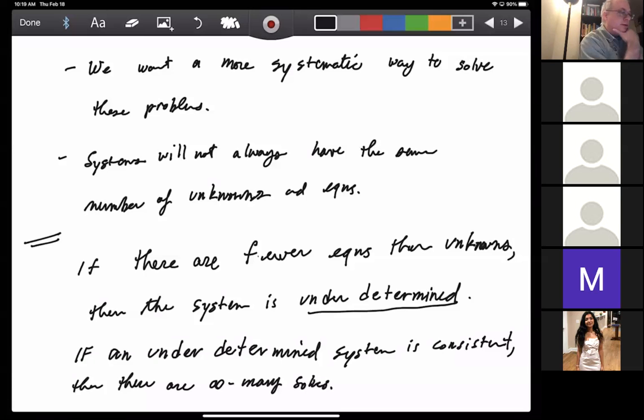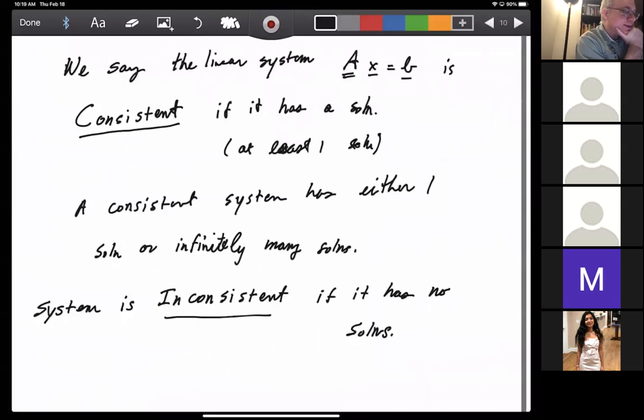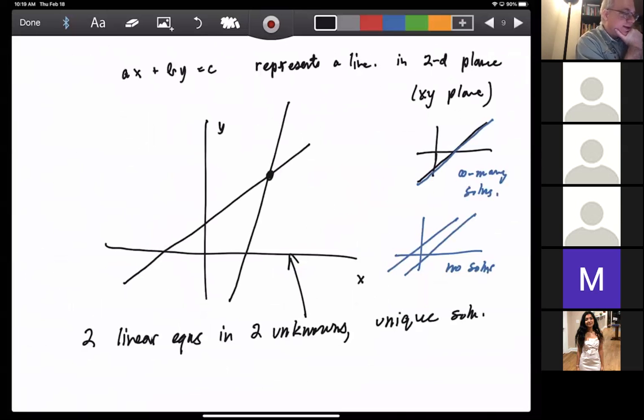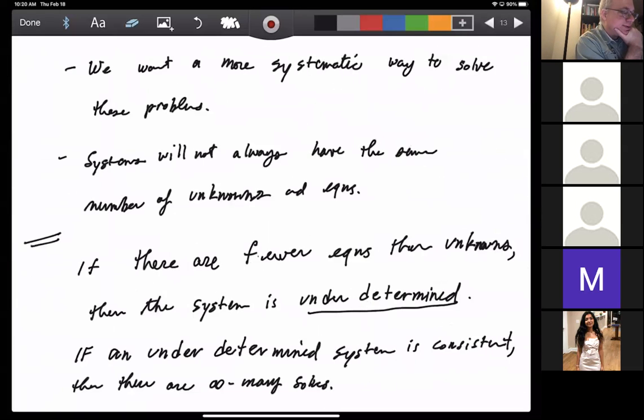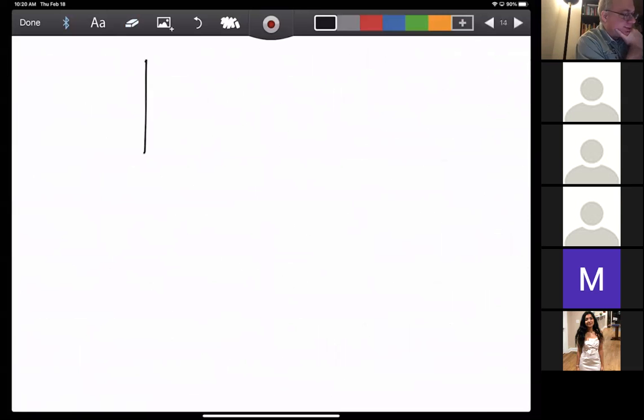Okay, and you can see that sort of geometrically. So if you think about the problem with two unknowns, the graph of a line has infinitely many points on it.